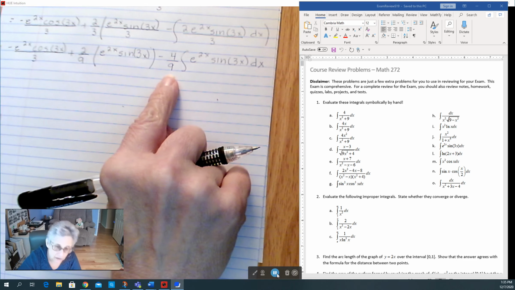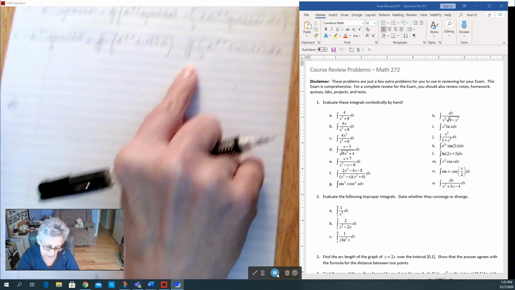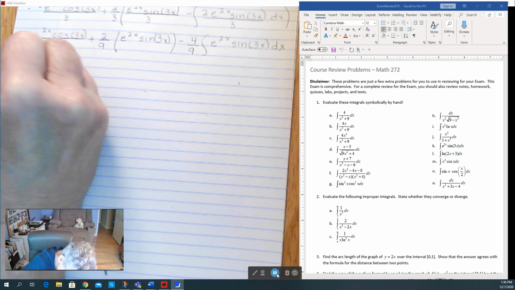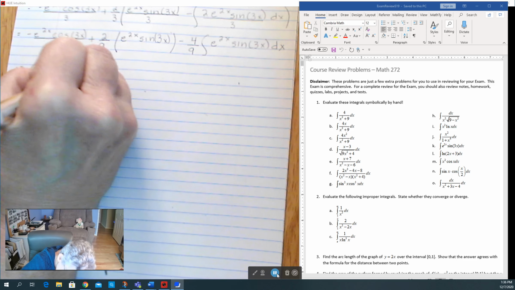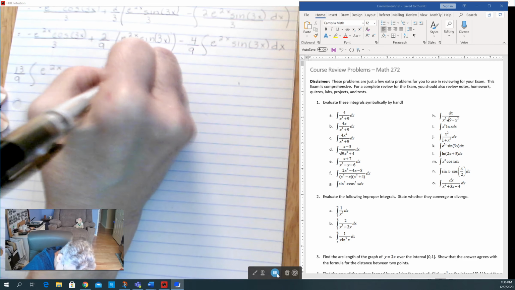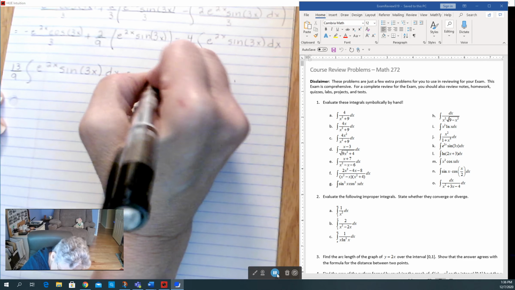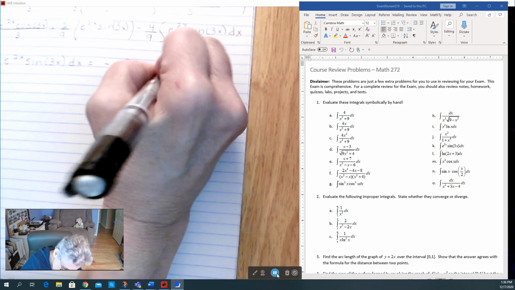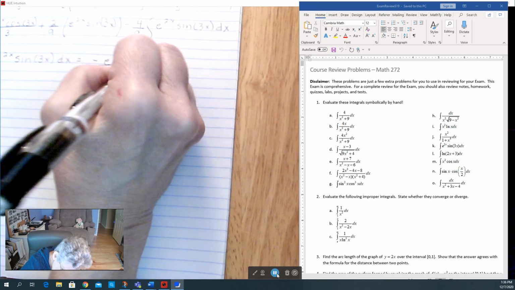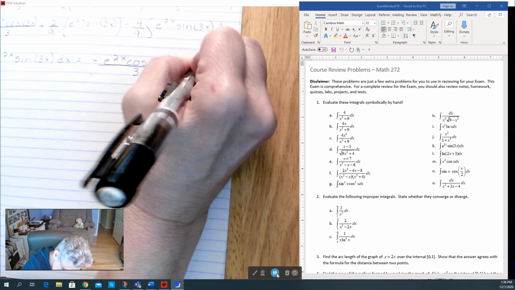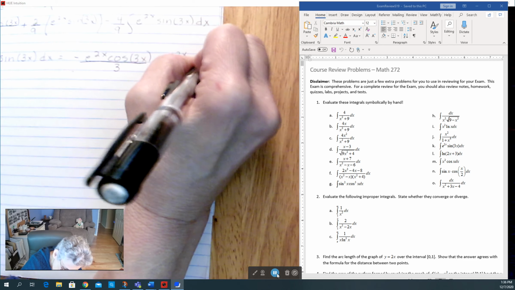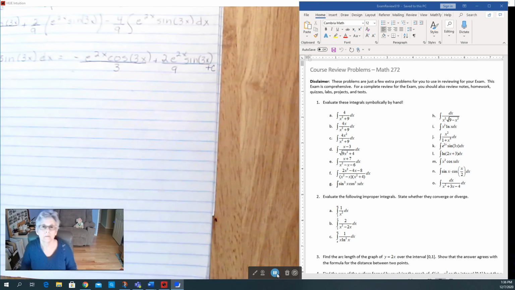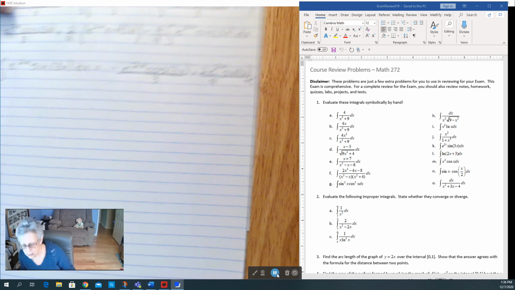So if I add 4 over 9 times that integral to each side, I have 13 over 9 times the integral of e to the 2x sine of 3x on the left-hand side is equal to negative e to the 2x cosine 3x over 3 plus 2e to the 2x sine of 3x over 9 plus a constant, because I've got to get that plus a constant in there somewhere.